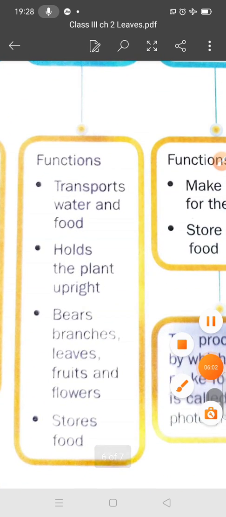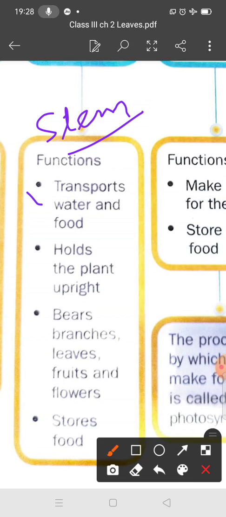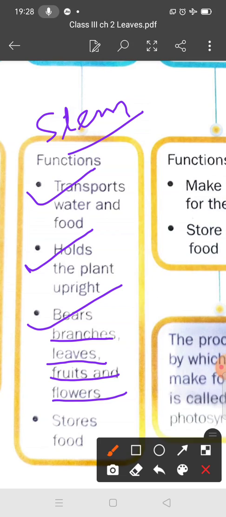This is the stem. Functions: transport water and food, hold the plant upright, bear branches, leaves, fruits and flowers. They also store food. These are modified stems and they are eaten by us.